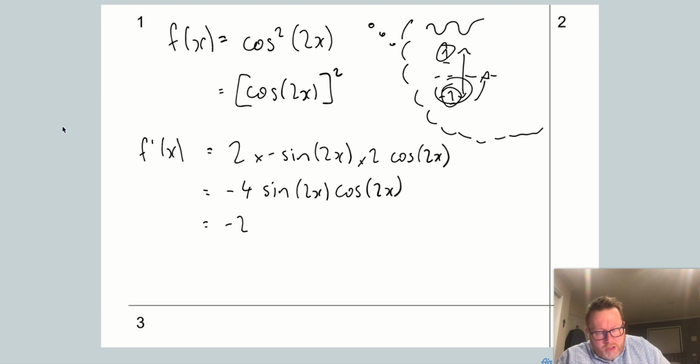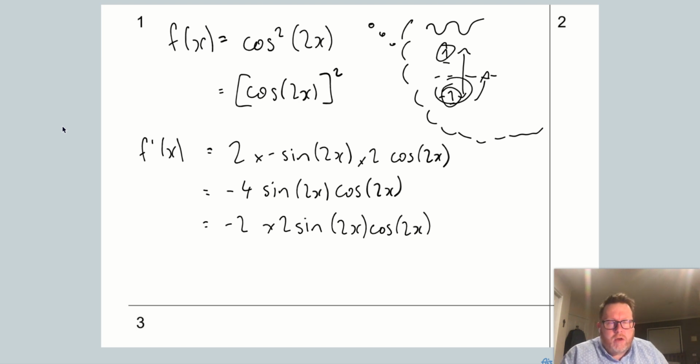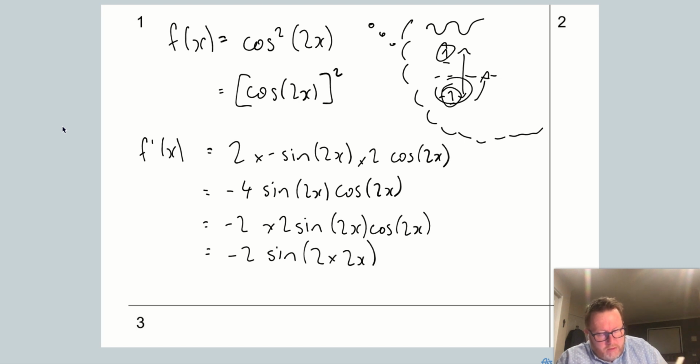I'll spell it out so you can see it. Because we've got 2 sine A cos A, that means it's sine 2A. So we have to double that angle. That's -2 sine of 2 times 2x. So that gives me -2 sine 4x as the derivative.